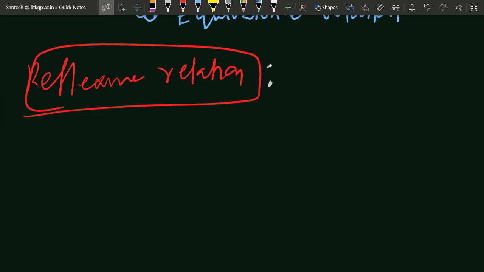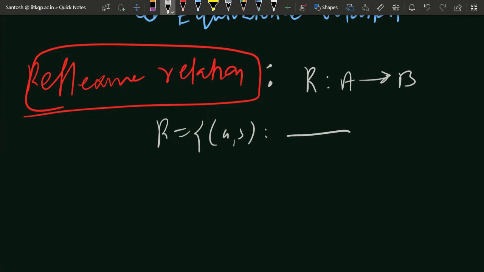Suppose R is a relation from A to B. When can we say this relation is reflexive? R may be like ordered pairs (a, b) such that some restriction will be there. How will you check whether this relation is reflexive or not? What is the definition of reflexive? Tell me, anyone.